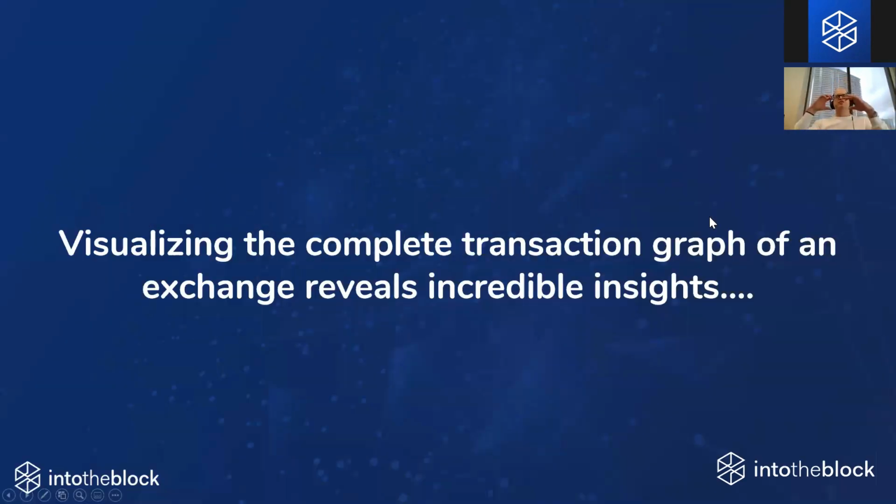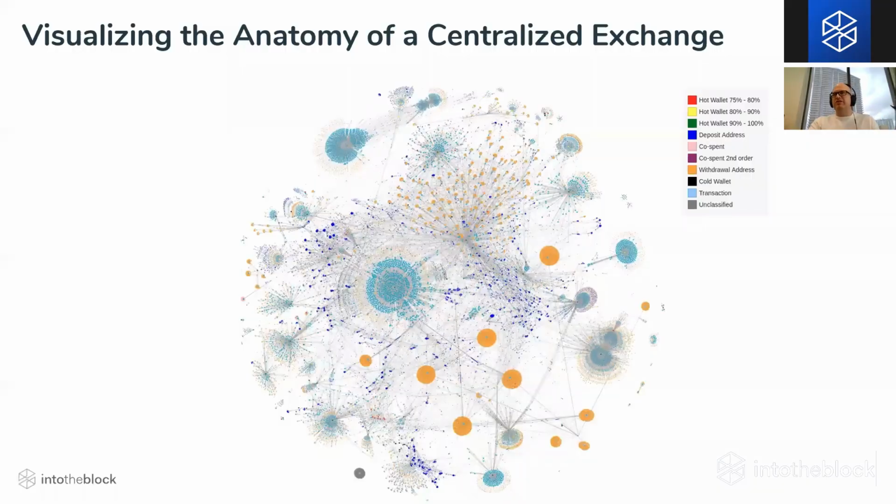So how does an exchange look internally? Remember that we talk about four components: hot wallets, cold wallets, deposit addresses, and withdrawal addresses. Looking at an exchange, how does that look? This is a visualization of how our model thinks about an exchange. The green circles are hot wallets. I'm going to grab the pointer here to show you a few.